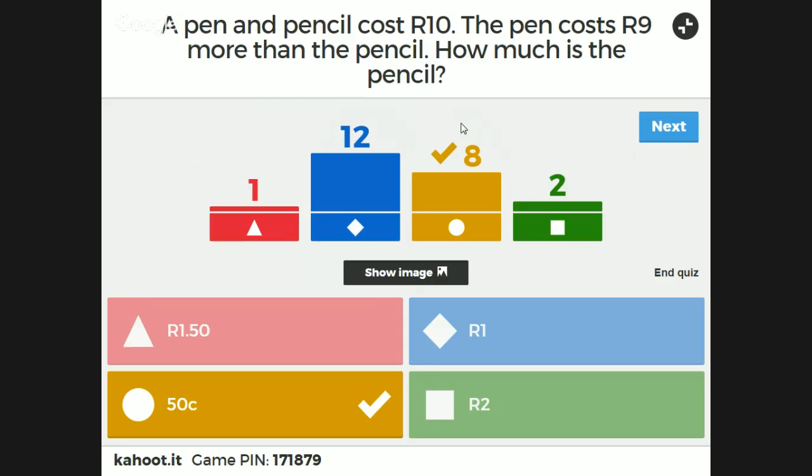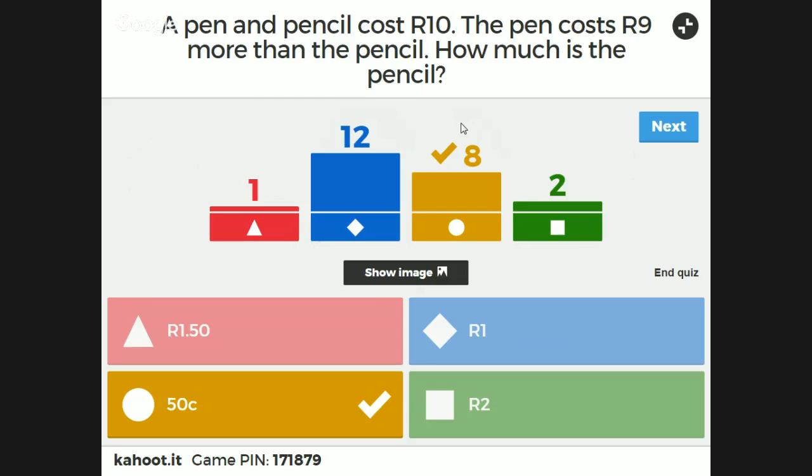Now I see some confused looks on those who said 1 rand. Here's our keyword: more. Together they cost 10 rand, but the pen costs 9 rand more than the pencil.